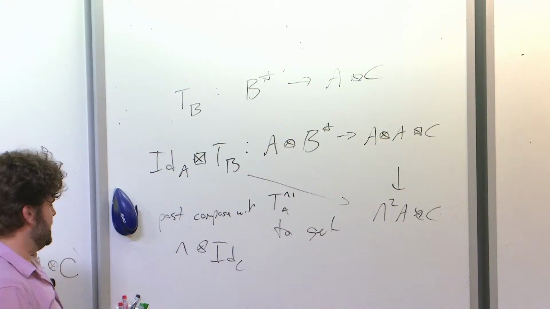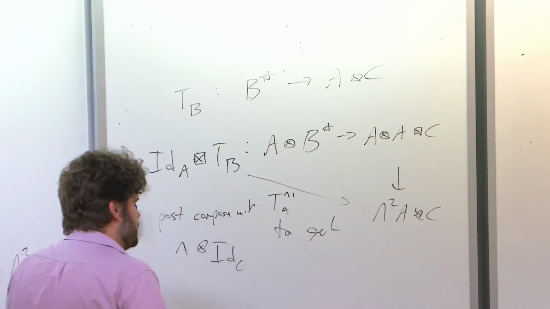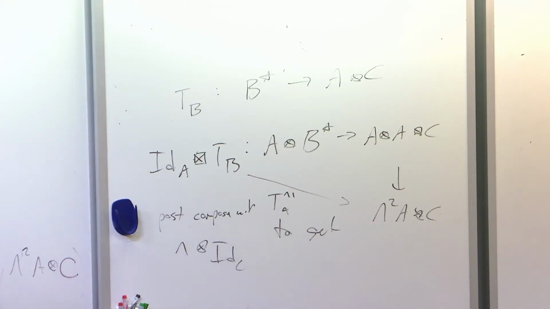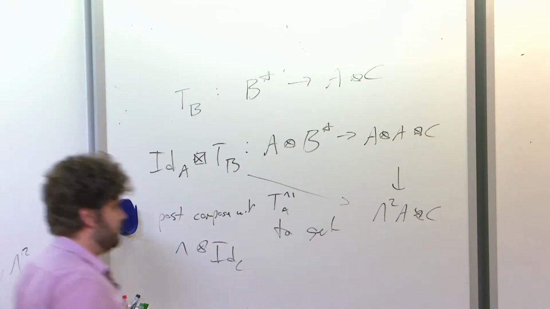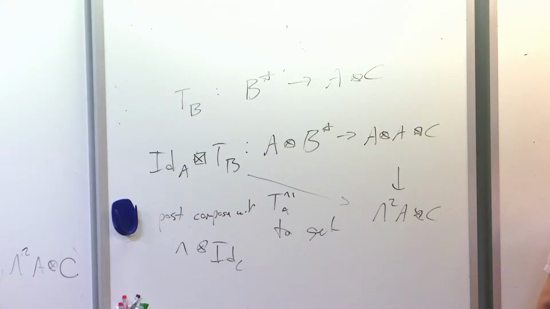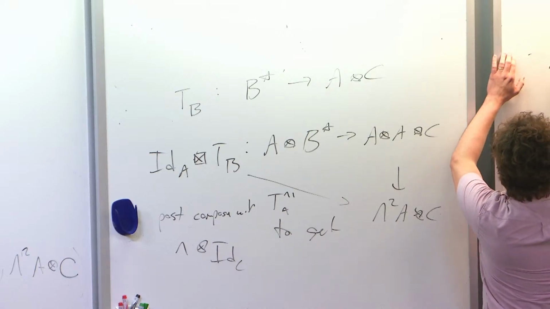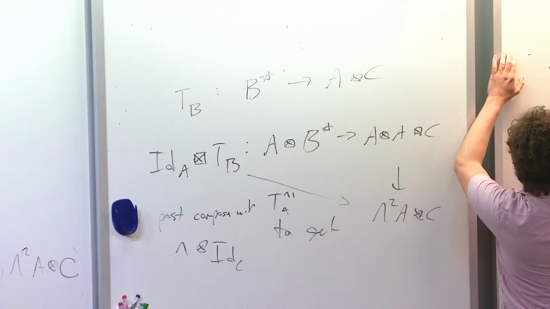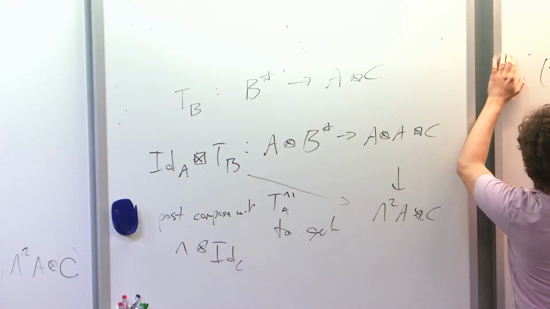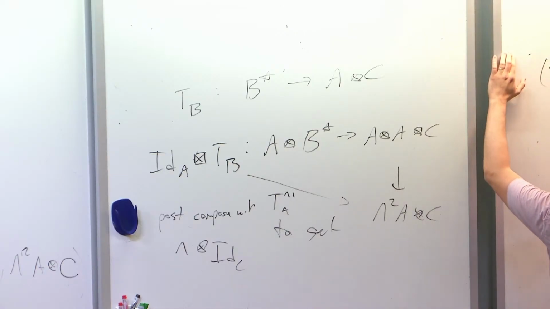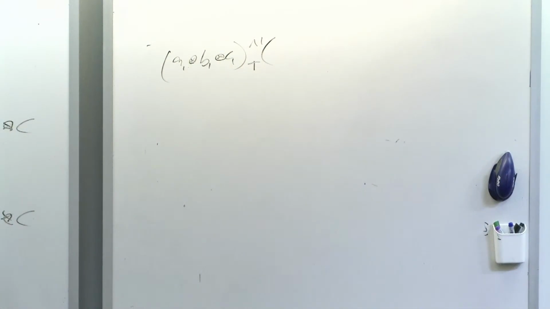Okay. Why is this doing anything for me? Well, I indeed have at least a linear map into a space of matrices. Second question is, what is the matrix rank of the image of a rank 1 tensor? So let's take A1 tensor B1 tensor C1, and I want to compute the rank of this as a matrix.